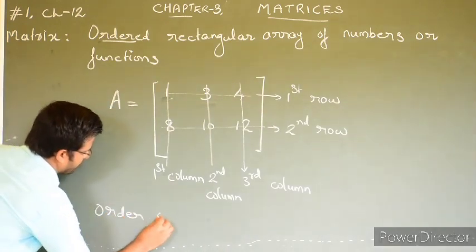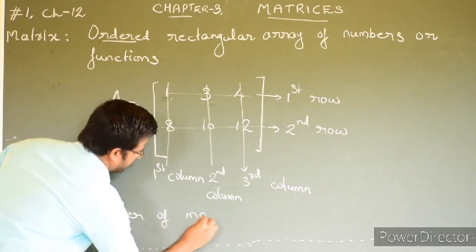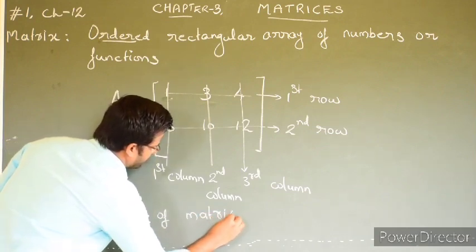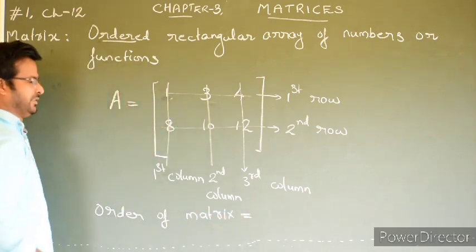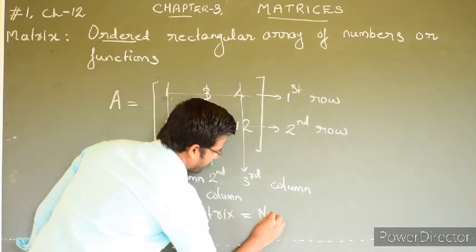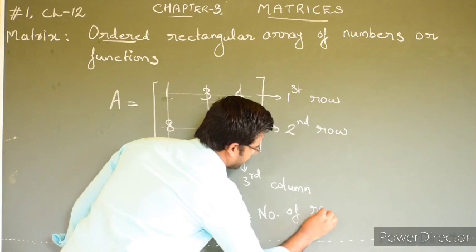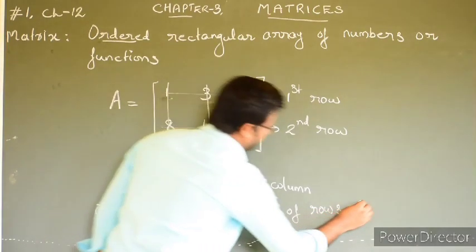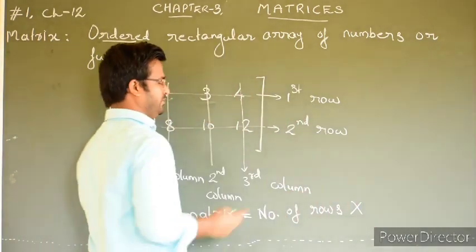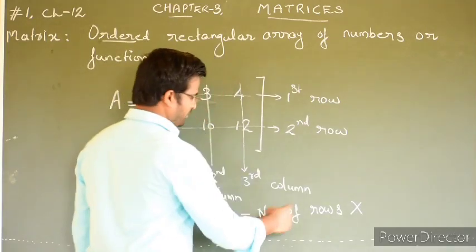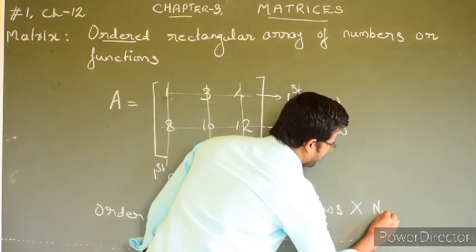Then, order of matrix. What does order of matrix mean? Number of rows by number of columns.